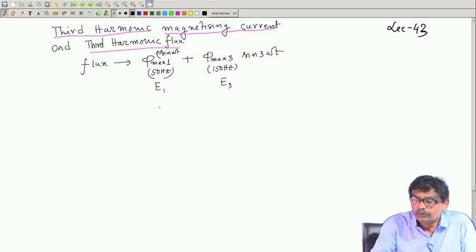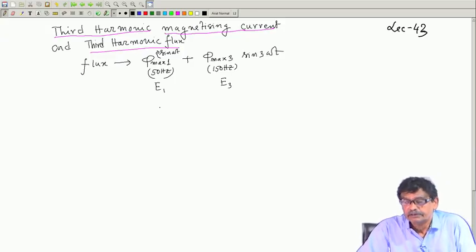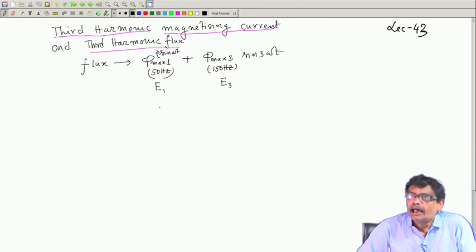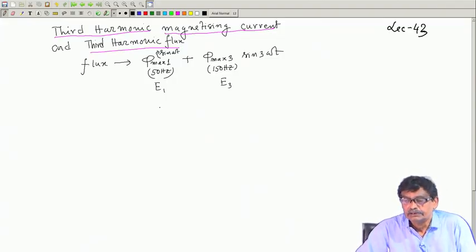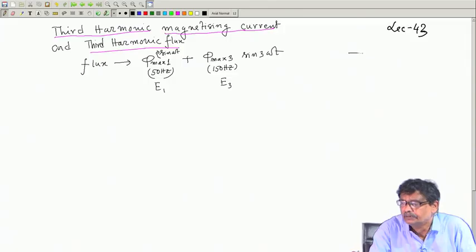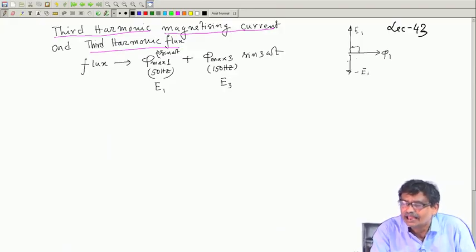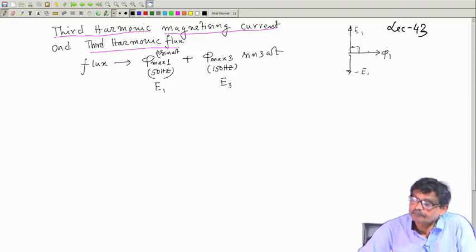Remember, each one will induce a voltage by d phi dt, and the angle with which that induced voltage appears is 90 degrees. You remember we draw the flux wave phi 1, then E 1 like this, with a 90 degree relationship. Some books write minus E 1, but nonetheless the angle between them is 90 degrees.